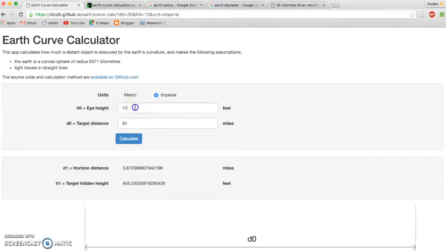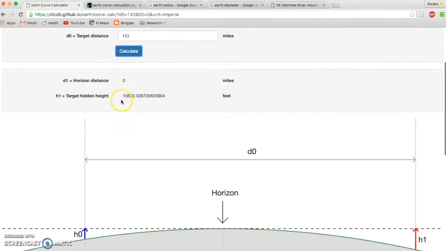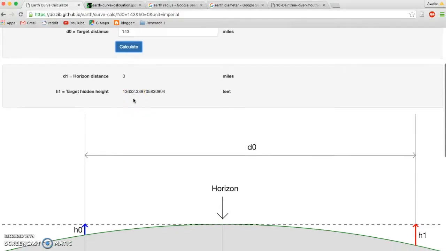We're going to set our eye height to 0 because we're looking at this from where the water of the river enters the Gulf, right down there at sea level. And the distance from the mouth of the river to my house in a straight line is 143 miles. So what that gives us is 13,632 feet of curvature.